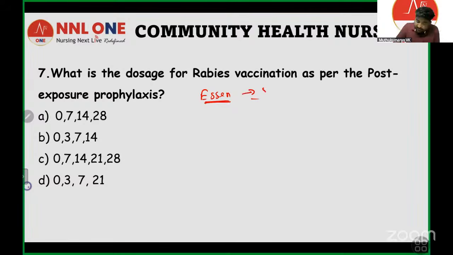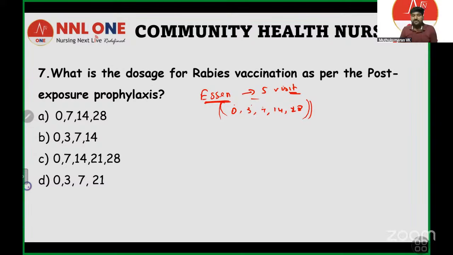Total number of visits is 5 visits: 0, 3, 7, 14, and 28. So we have 1, 2, 3, 4, 5. If the options A to D have these 5 visits, then the question is from Essen. This is the important keyword that you should know.